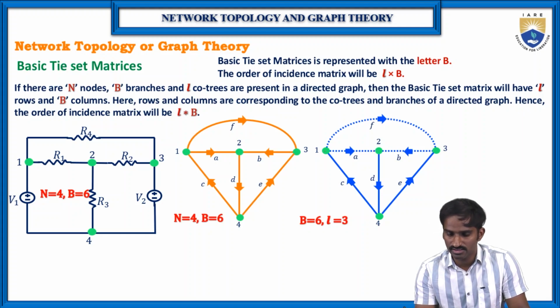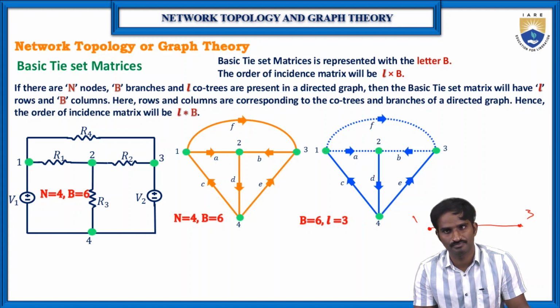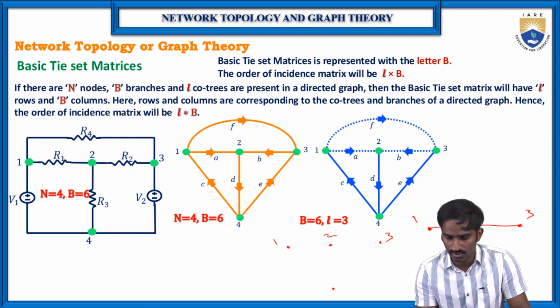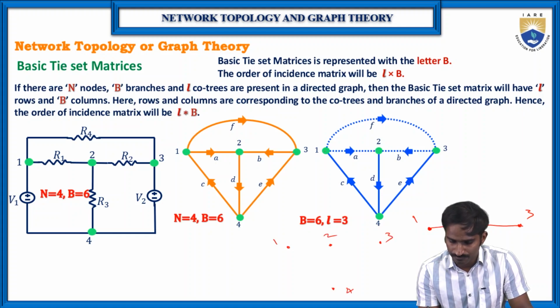Okay, and let us draw another tree. Of course, the tree should also have all the nodes 1, 2, 3, 4. This is also a kind of tree. Or let us draw another tree, 1, 2, 3, 4.